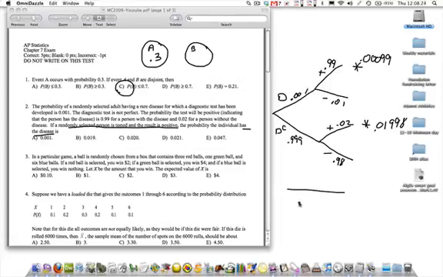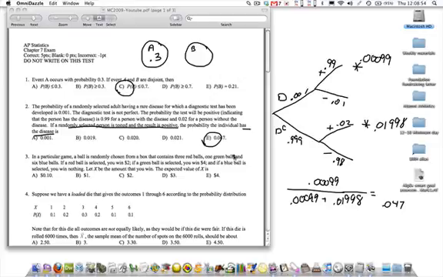So the total in the group now is 0.00099 plus 0.01998. And the people we're interested in are those who are positive who have the disease, 0.00099. And if you divide that out, you get 0.047 something something. So the answer to this is E.